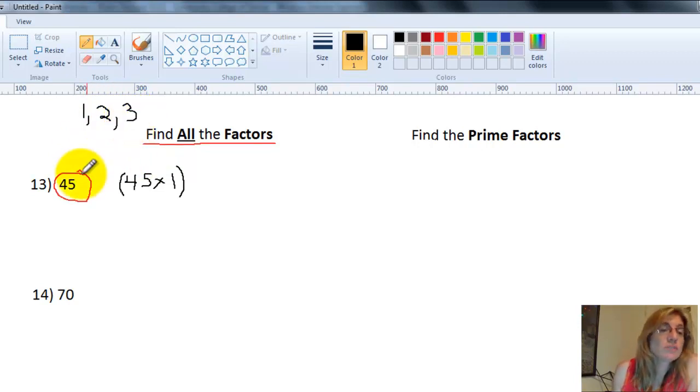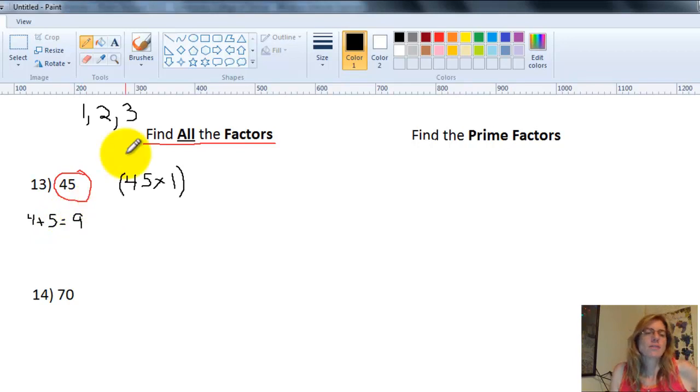How do we tell if 3 goes into 45? Our divisibility rules, which is add the digits of the number 45. 4 plus 5 equals 9. And then if that's true, 3 goes into 9, so 3 must go into 45. So how many times?